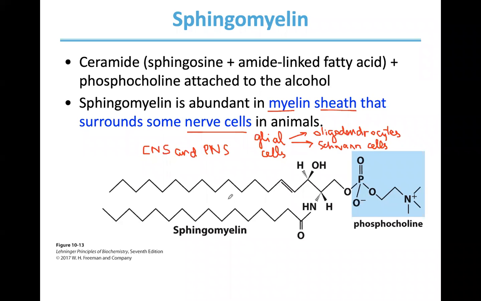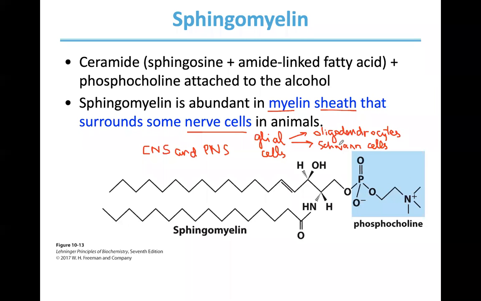They are associated with the neurons, and they basically produce this sheath, the myelin sheath that will surround the neurons, and there will be lots of sphingomyelin as well produced by these types of cells.